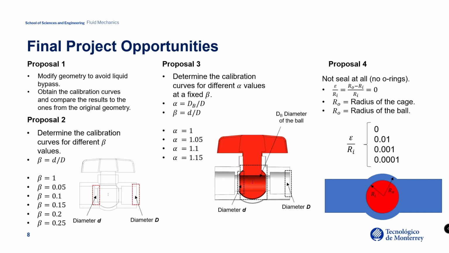And in this case, alpha is defined as the ratio between the diameter of the ball respect to the diameter of the pipe. And finally, we want you to analyze the case where we have different ratios between the external cage radius respect to the radius of the ball. So please take a look at these proposals and let us know if you are interested.